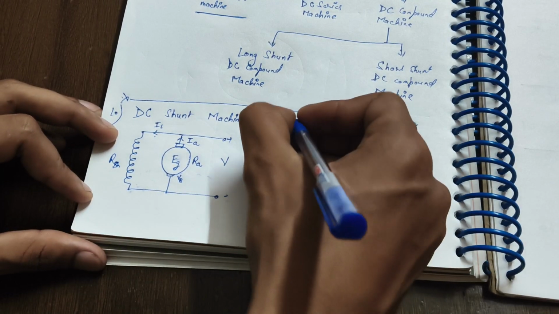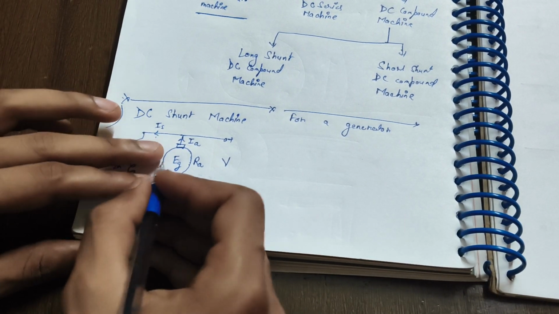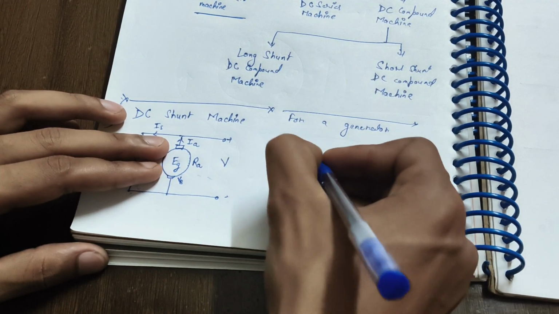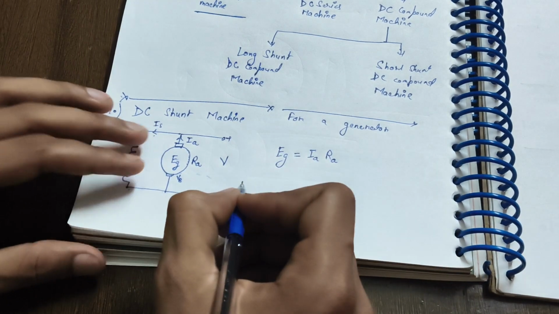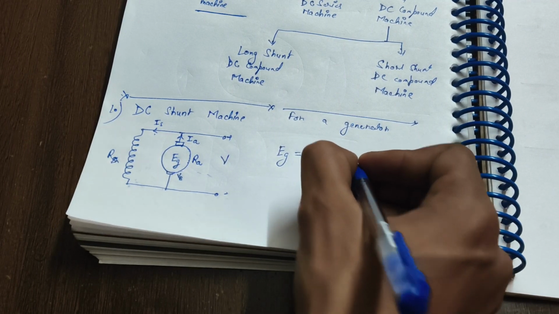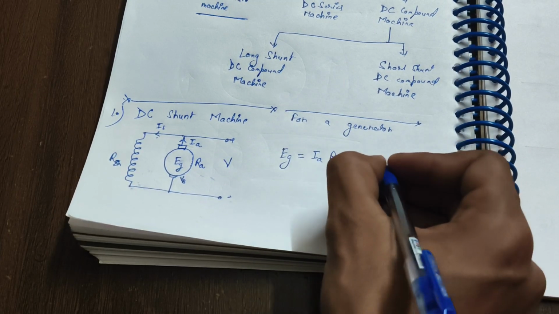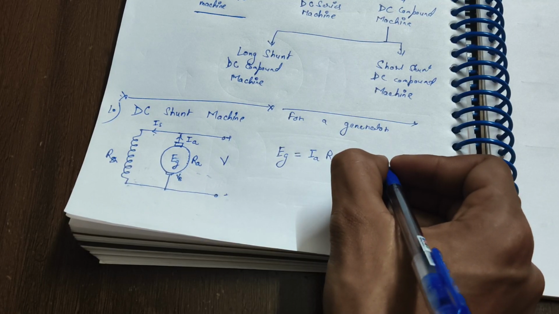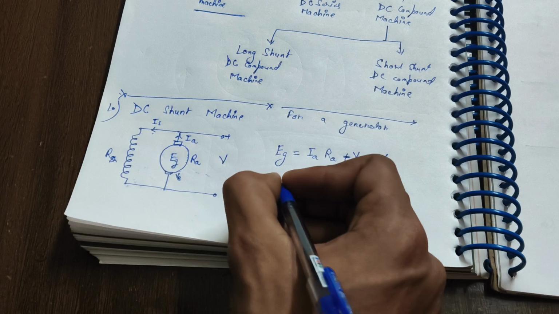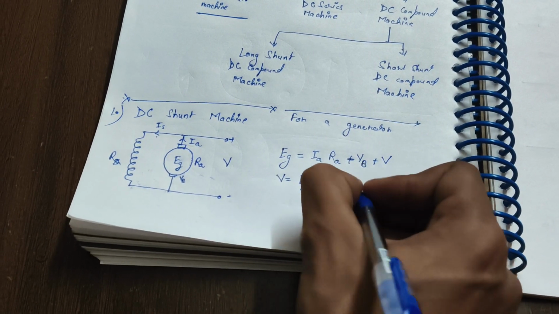So for a generator, the equation will be: the generated EMF Eg is equal to the drop Ia Ra, then it is not minus, it will be plus, plus Vb plus V. So the equation will be: the terminal voltage is equal to the generated voltage minus Ia Ra minus Vb.